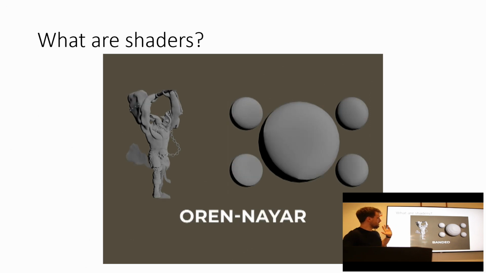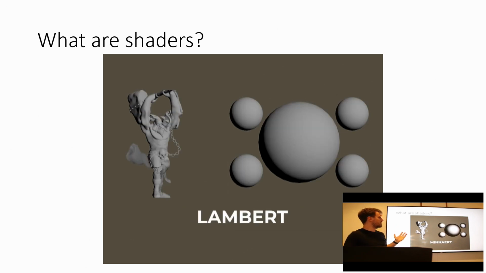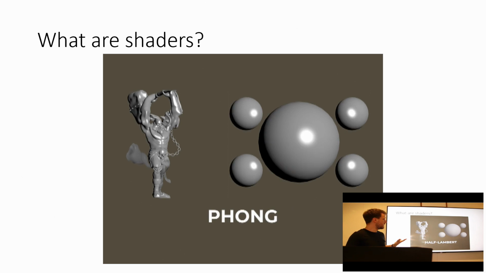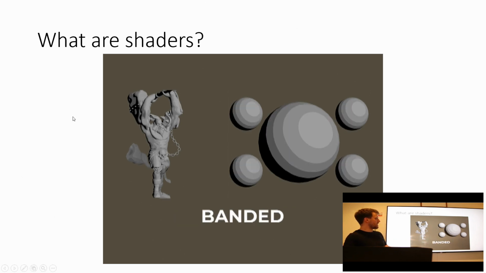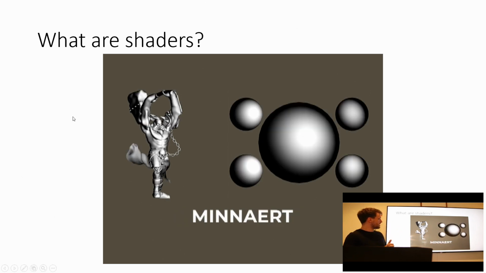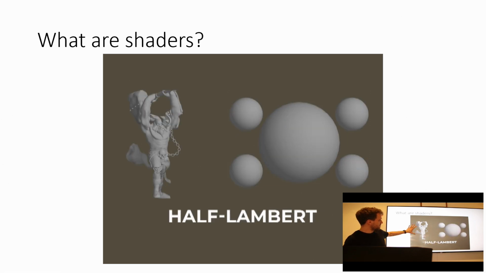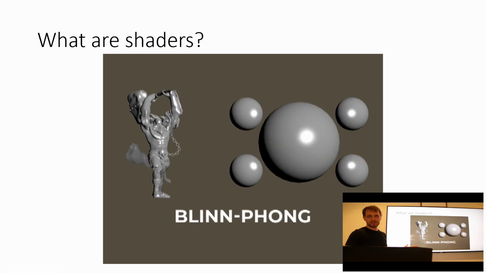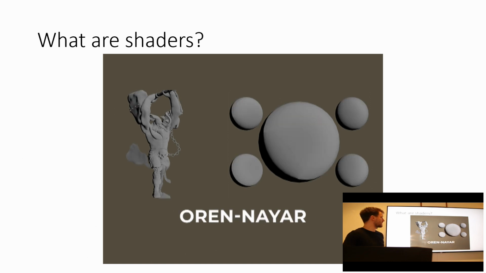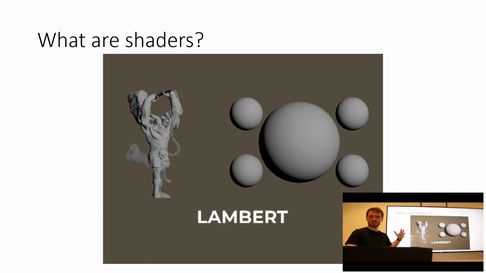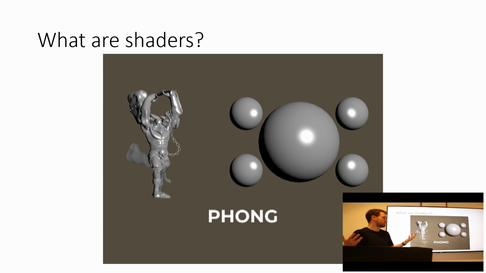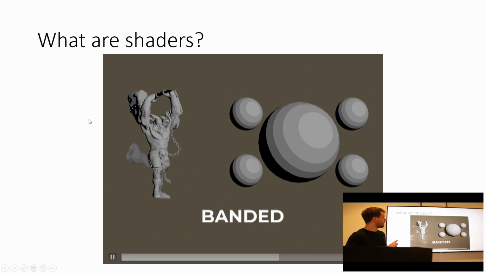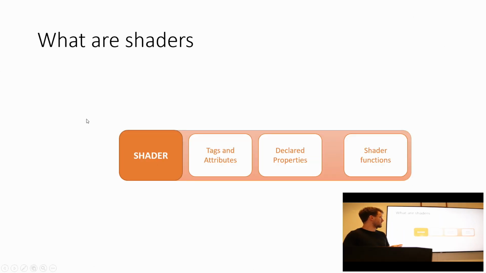This is all the same model, same lighting setup, but different shaders and different lighting models. You don't really need to remember what these are, but you can see they influence the quality of what you're rendering quite a bit. Some things look metallic, others look like clay, others look like a cartoon. So that's one thing you can do with it.